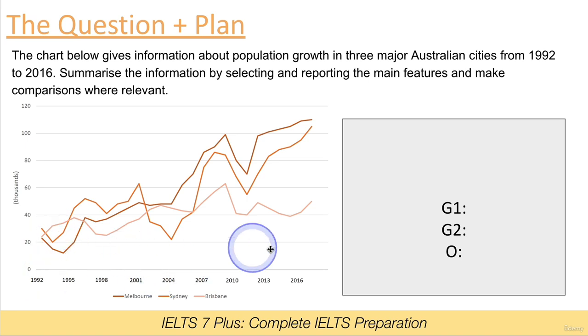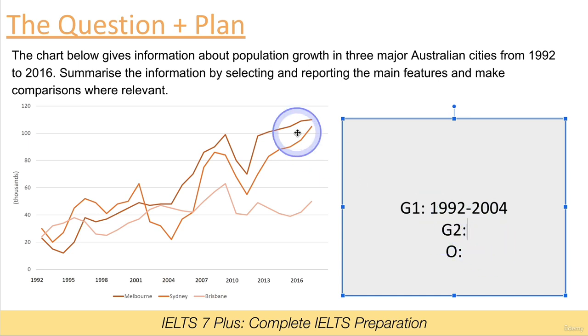So I might be tempted to split it into that, to be honest, and then we could discuss all cities between these years. So 1992 to 2004, and then we'll pick up 2004 to 2016. So 2004 is like the link here, really.